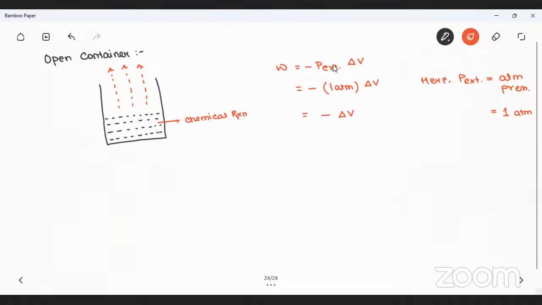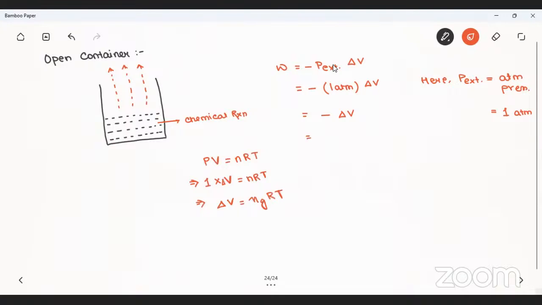Now, this is again an ideal gas. So for an ideal gas, PV is equal to nRT. Our pressure is 1, volume is V, nRT. But you can write delta V here instead of V. Instead of n, we write it as n_g RT.